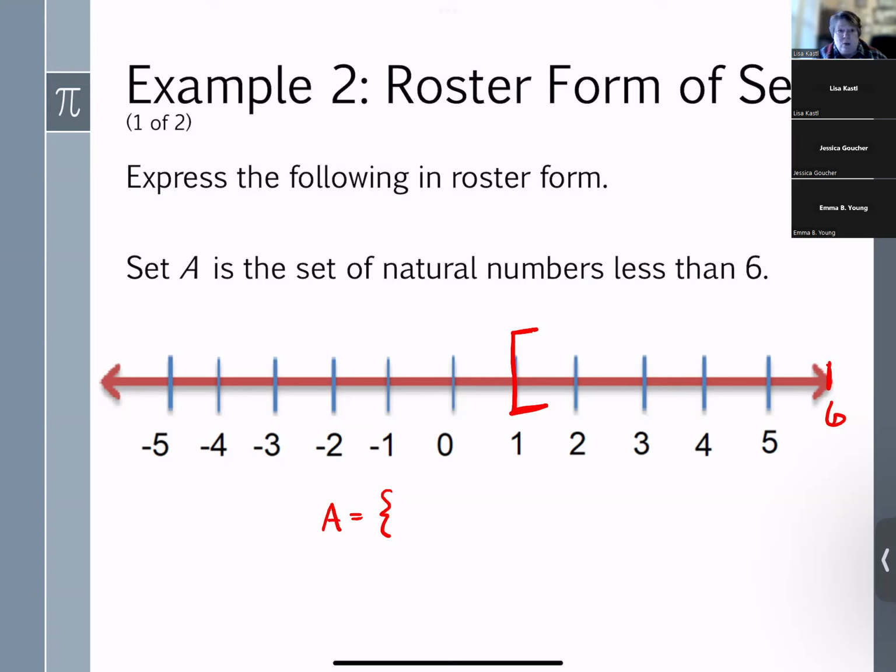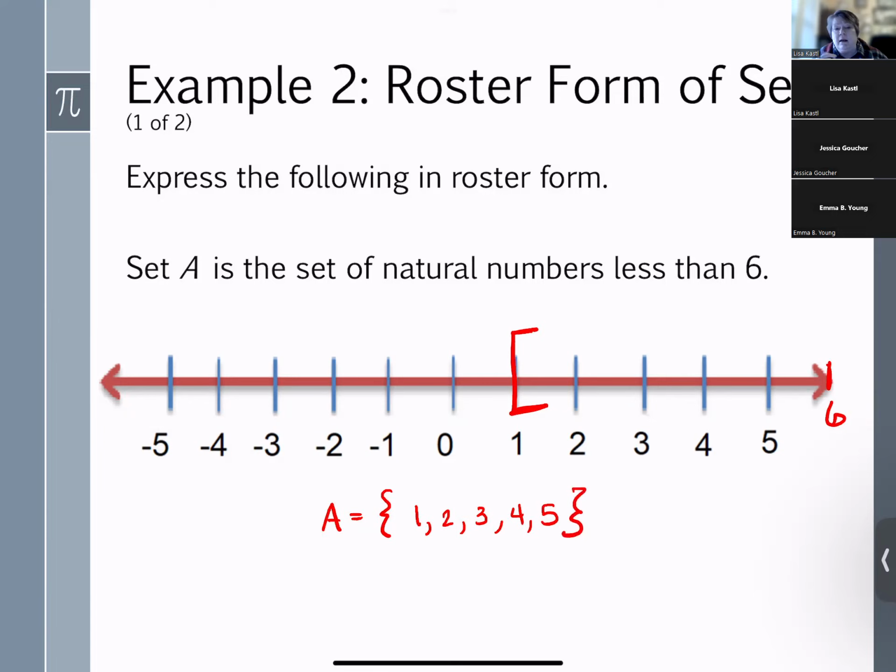What have you got? A 1, a 2, a 3, a 4, and a 5. We don't include 6 because 6 is not less than itself. So what numbers in the natural number system are less than 6? The numbers 1 through 5.